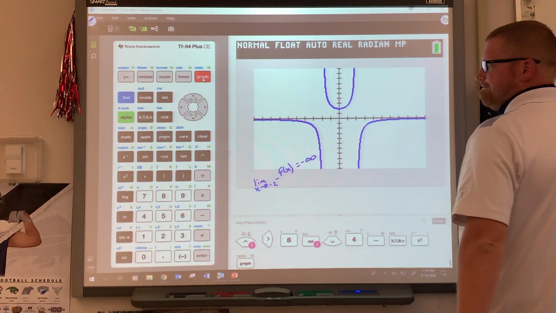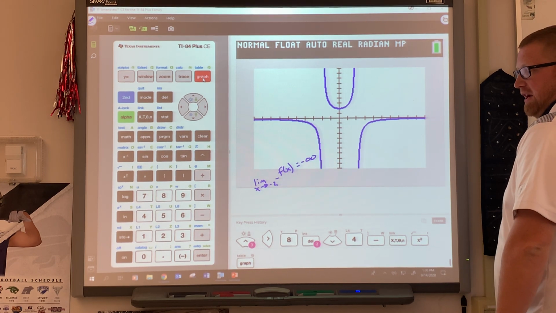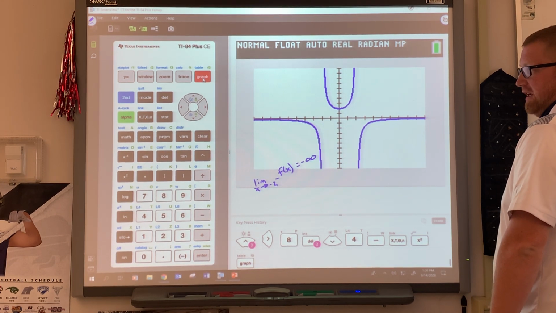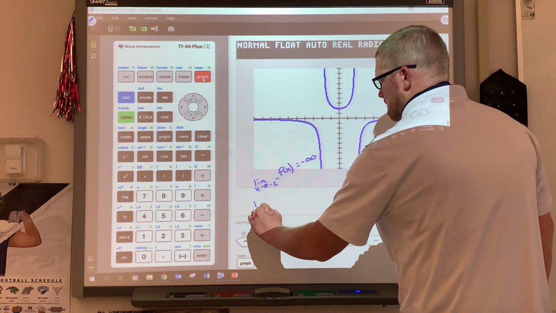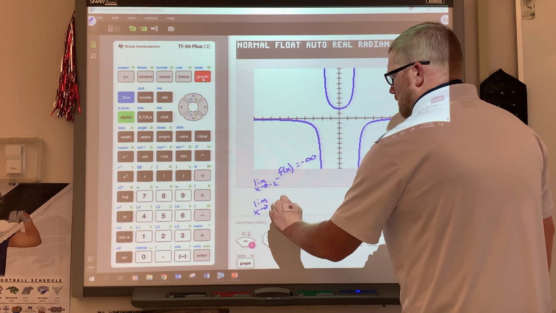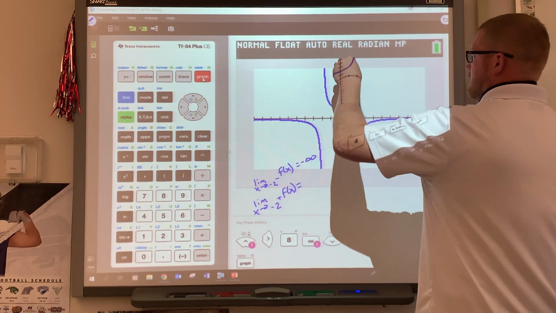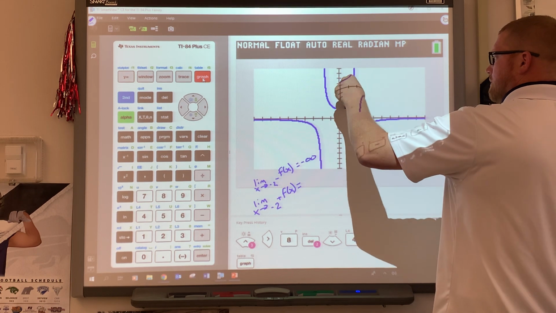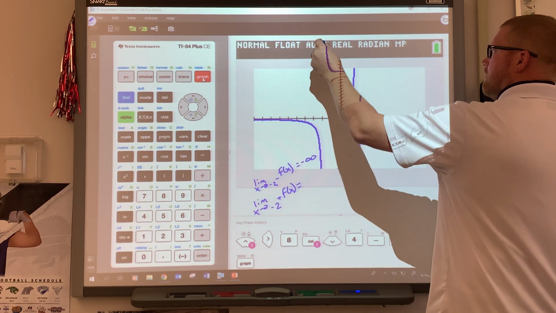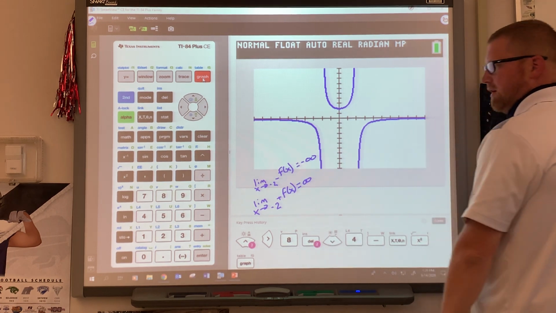Well, is that what the function is doing as x approaches negative 2 from the right? Let's see. The limit as x approaches negative 2 from the right of the function. No, that's going off to positive infinity.